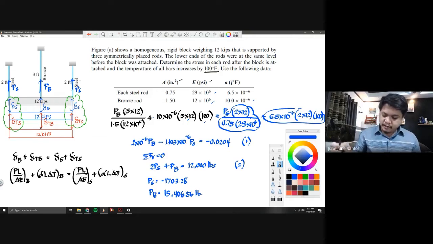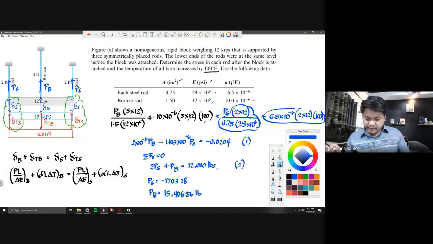Sorry. It should be, ginawa kasi natin tong, but that's correct, pounds, PSI. Negative 1703. Ang sagot ko kanina ay nasa 8,500. Okay. So, saan tayo nagkamali?